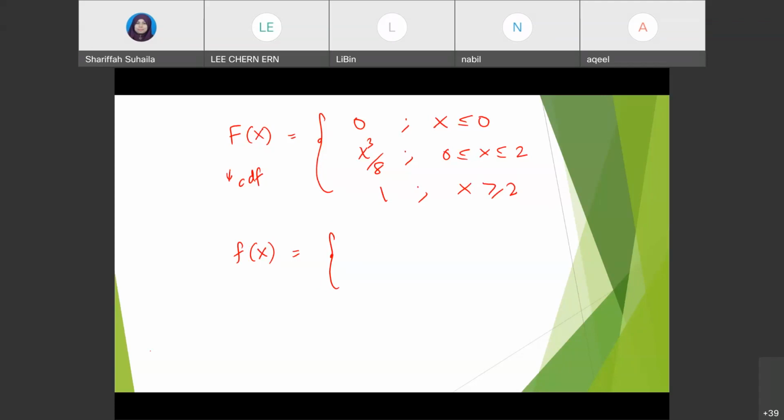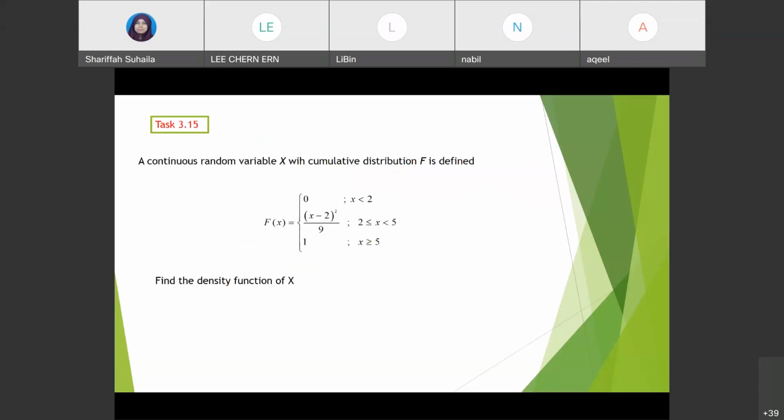So differentiate 0, you get 0. Okay, for example, this one lah. Okay, differentiate x cubed over 8, you will get 3x squared over 8, right? Okay, between 0 and 2.